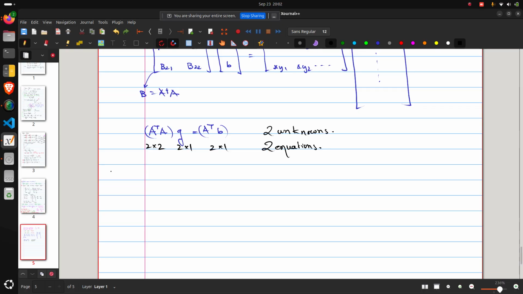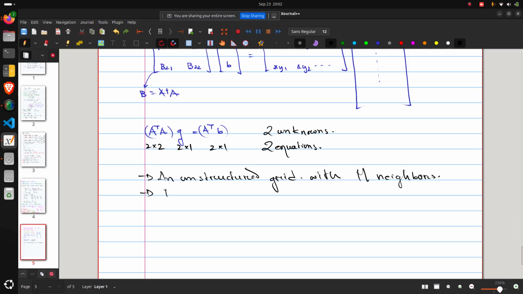So for an unstructured grid with m neighbors, we had initially, so also please pay attention that we are writing it as two unknowns, right?